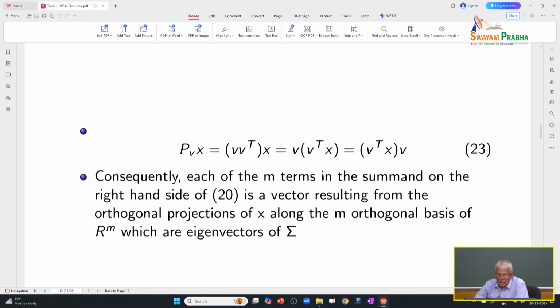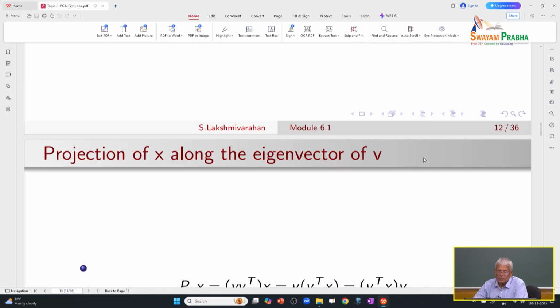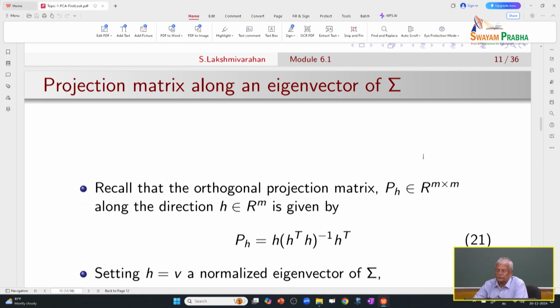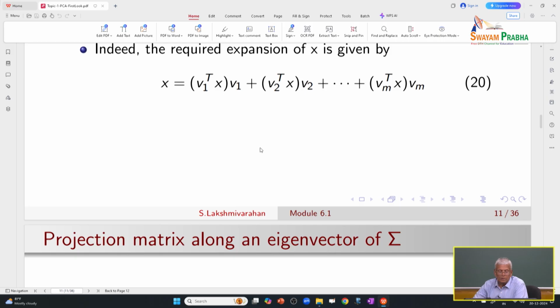Consequently, each of the m terms in the summation on the right hand side of 20, let's look at this now, 20. What is this? This is the projection of x along V1, projection of x along V2, projection of x along Vm.